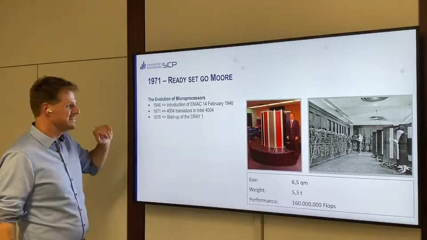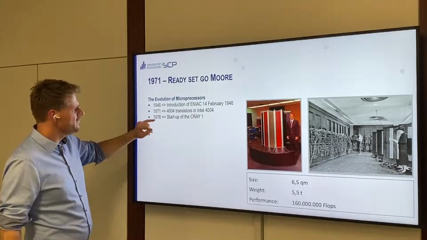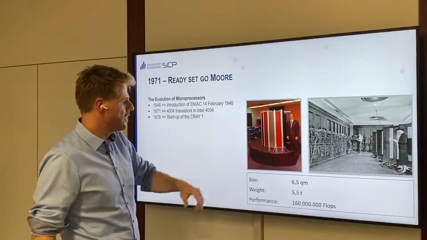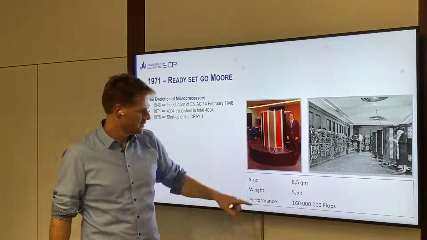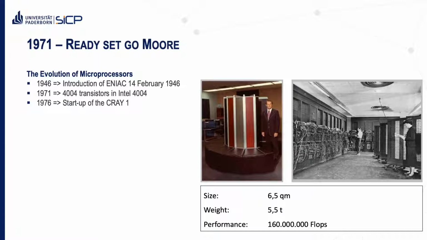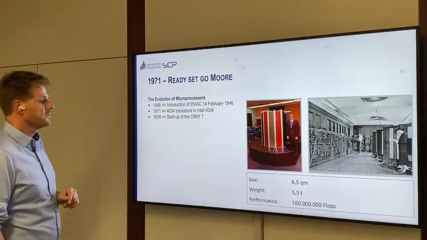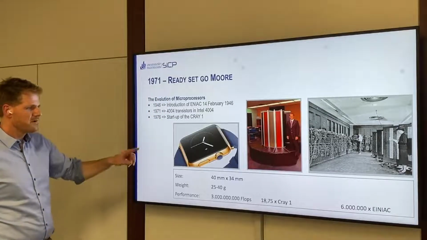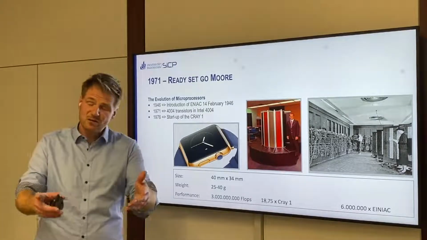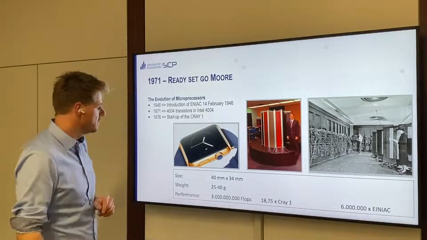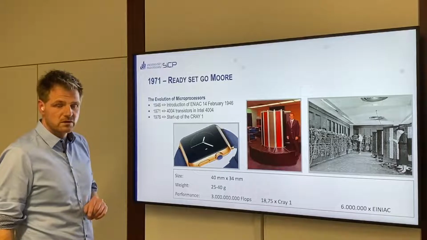And in 1976, just 5 years later, the Cray 1 appeared. Not that much weight, 5.5 tons, not that much size, 6.5 square meters, and the performance tremendously increased to 160 million flops.